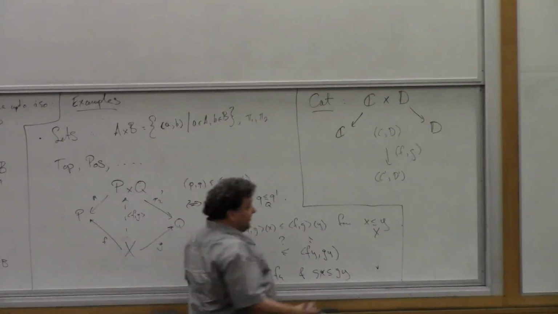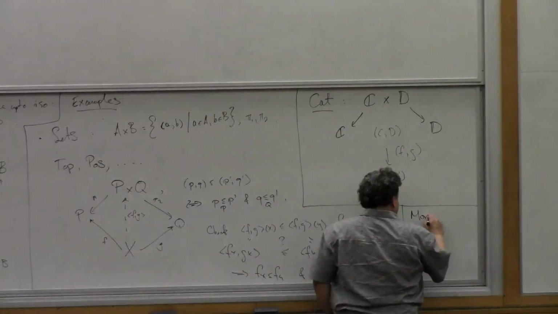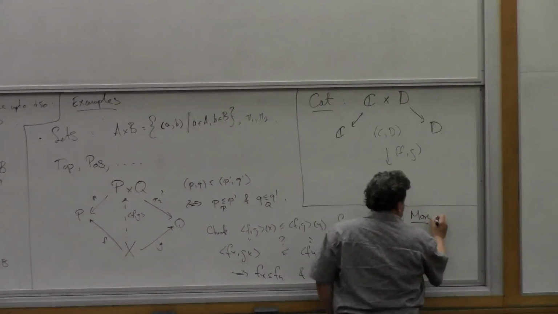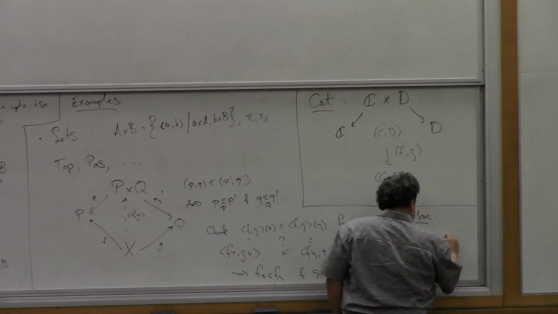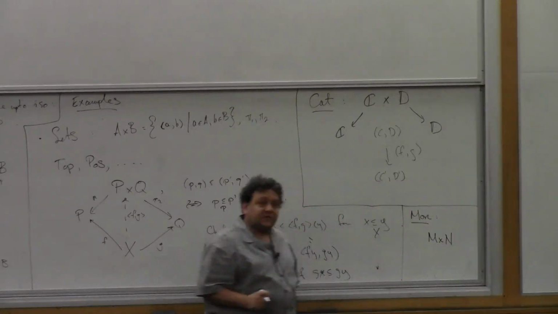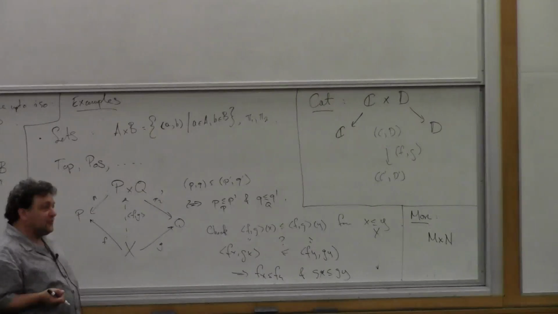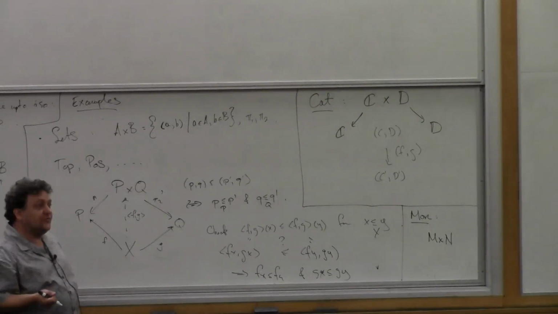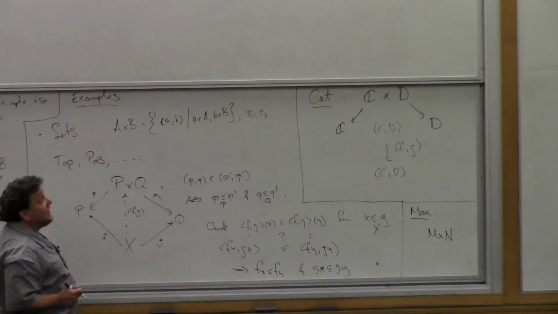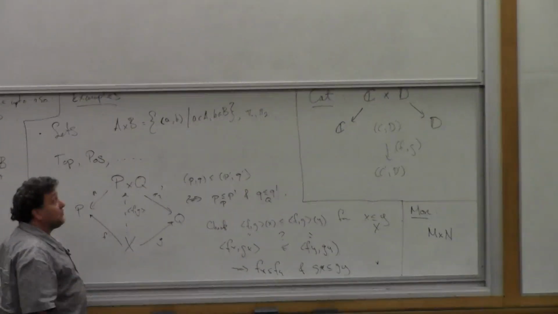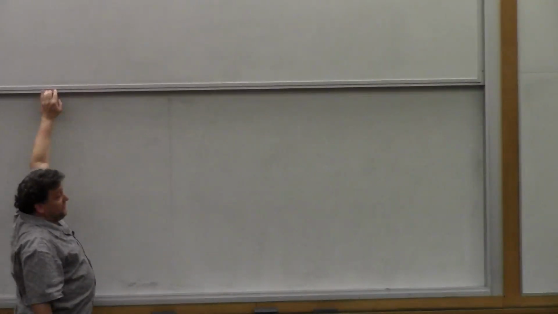And of course there's another specialization to monoids or groups. So in monoids or groups, you get the usual notion of a product monoid or product group, just like in your algebra course. If you had an algebra course and you defined a product of two groups, that will give you exactly this notion. You'll find that you check the universal mapping property, and it's a product in the category of monoids or in the category of groups.